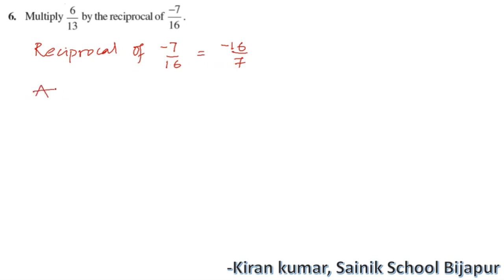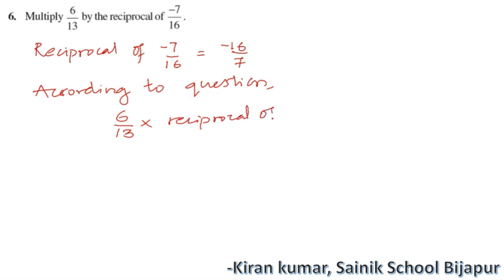So, according to the question, we have to multiply 6 by 13 with the reciprocal of minus 7 by 16.